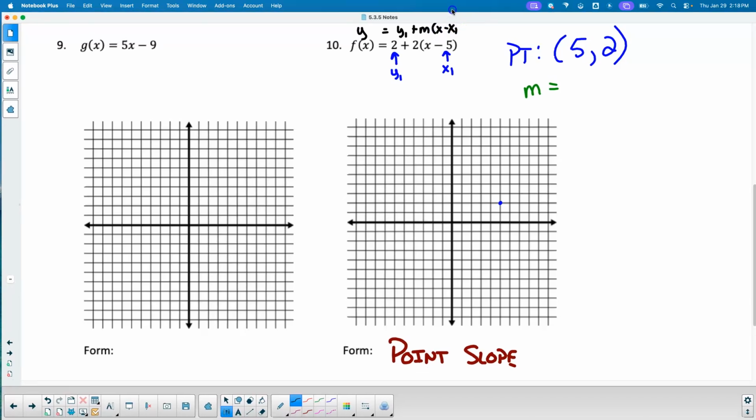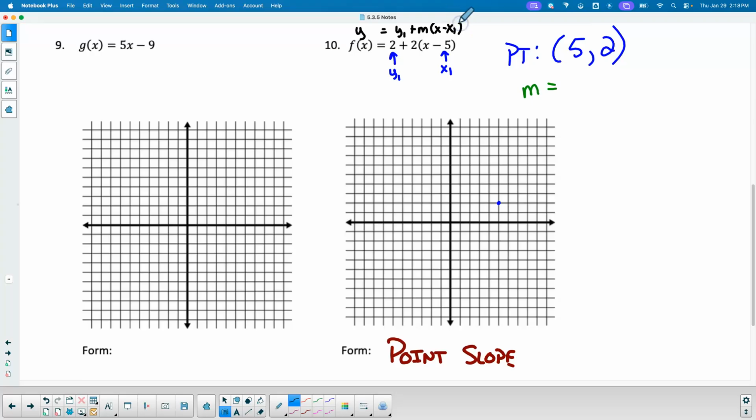What is the slope of this line? 2. Okay. So if my slope is 2, I need 2 directions and 2 numbers to plot my next point.